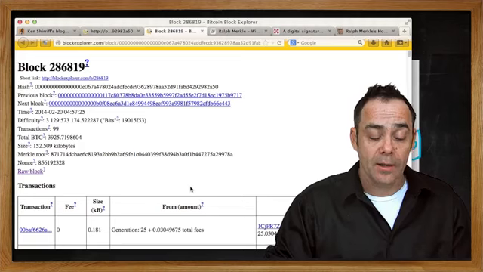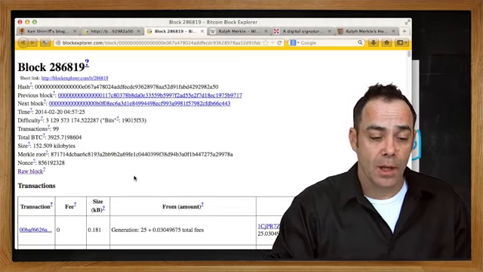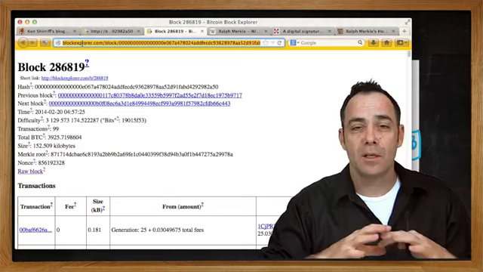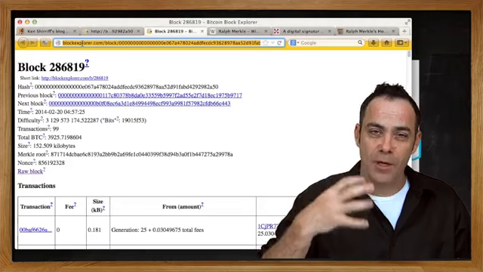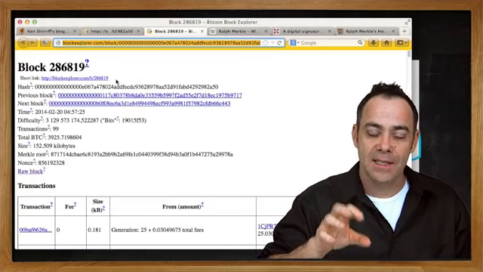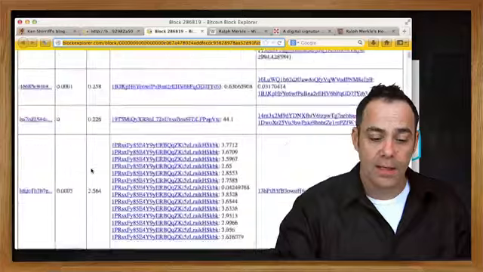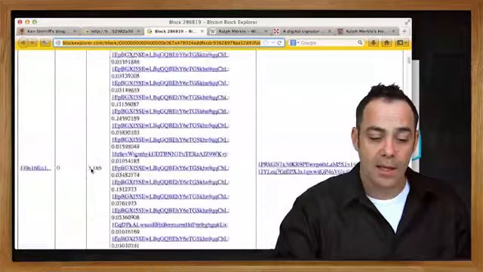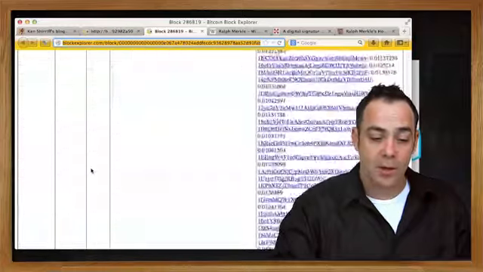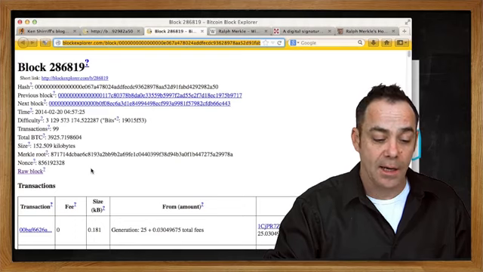Okay, so here we are at the live page for this particular block on blockexplorer.com. It's just a great site for looking at really sort of gritty details of Bitcoin. So here's all the transactions, okay, all 99 transactions. And each of these transactions, it turns out, has a transaction ID, and that transaction ID is right here.